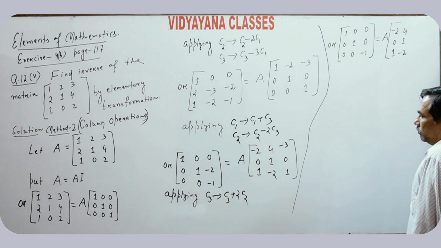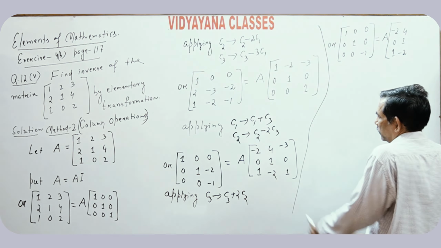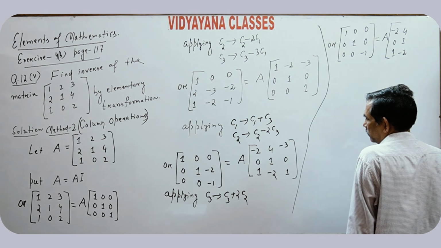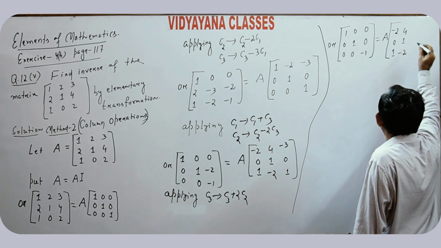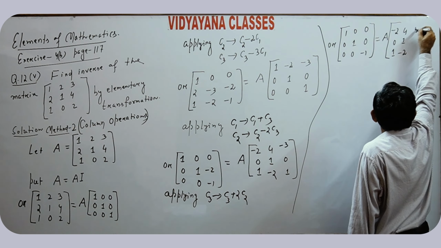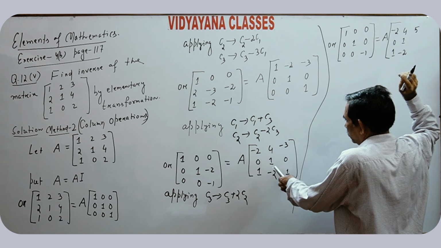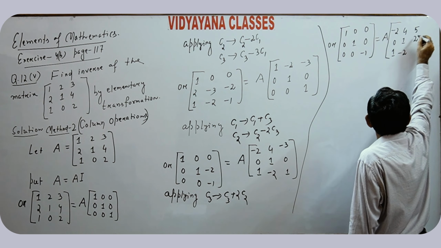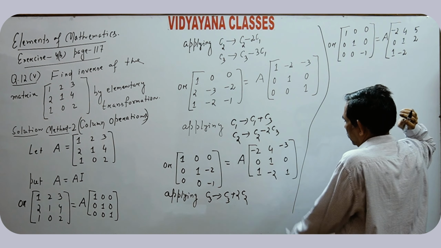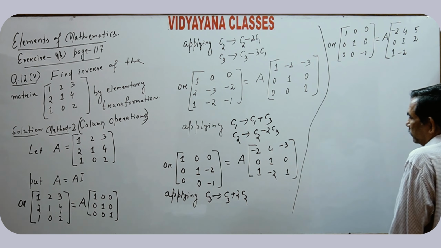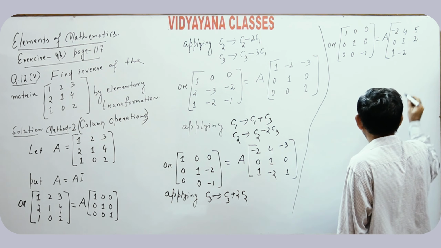The elements of column 3, C3 minus C3 plus 2 times of column 2, minus 3 plus 8, that is equal to minus 5. 0 plus 2 times of 1, that is equal to 2. 1 plus 2 times of this minus 4 plus 1 minus 3.